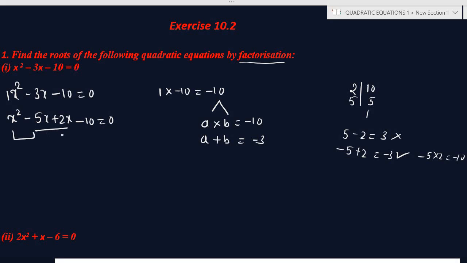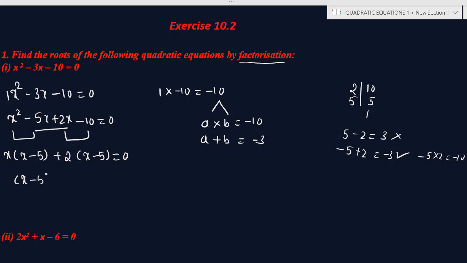From the first two terms take x common, and from the last two terms take 2 common. x into the bracket x minus 5 plus 2 into the bracket x minus 5 is equal to 0. The common factor is x minus 5.